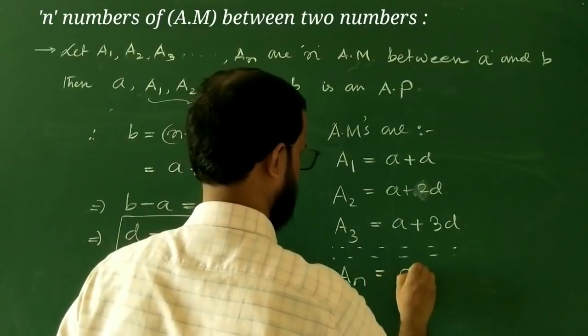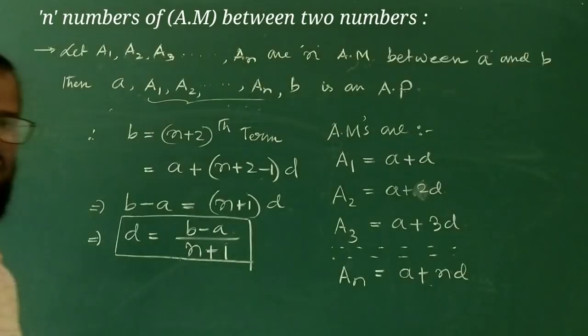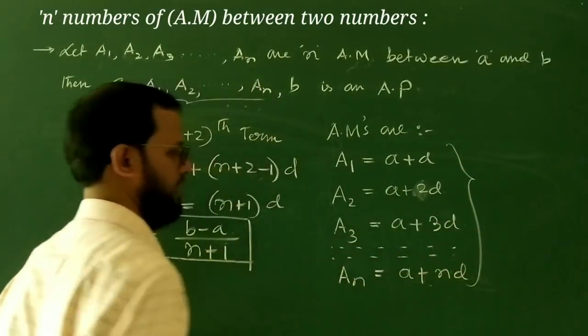Okay, and in this way finally AN is equal to A plus ND. ठीक है, these are the formulas for the arithmetic mean. How to find this and what is D?